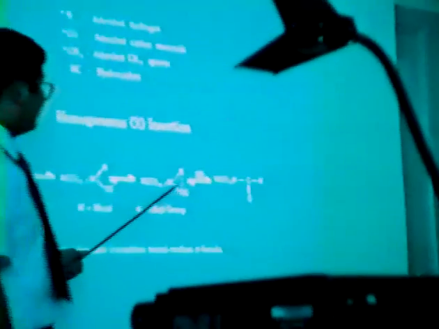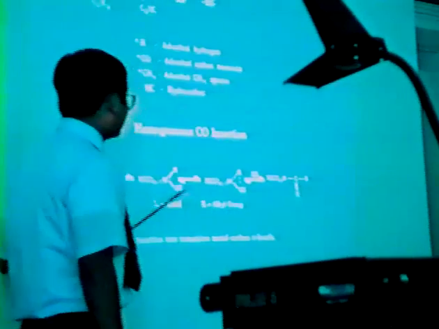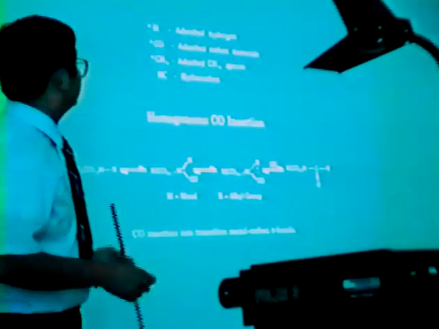This has been proved in homogeneous catalysis. In homogeneous catalysis, there is only one type of CO involved in the migratory insertion, which you can classify as terminal or linear CO.